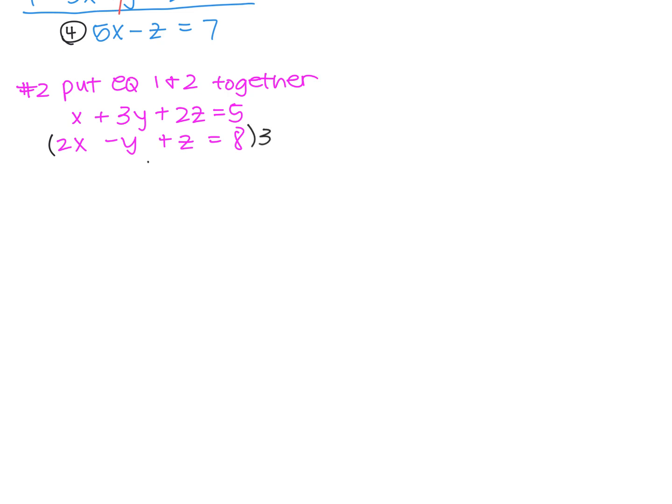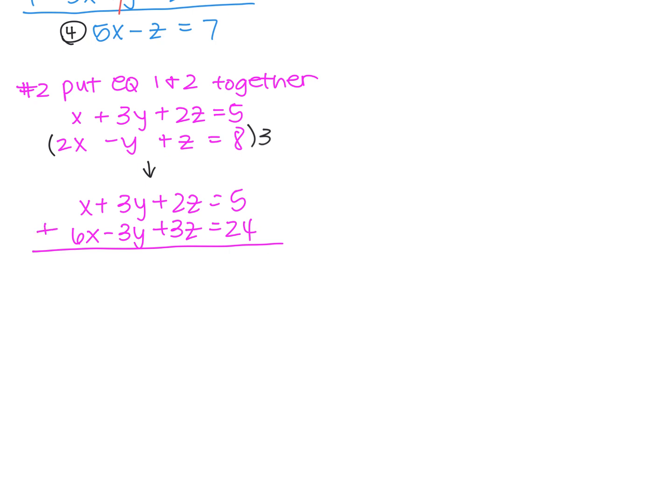So down here, I'm going to rewrite it. X plus 3y plus 2z equals 5. And then 6x minus 3y plus 3z equals 24. And we're looking for the other equation below that, right?